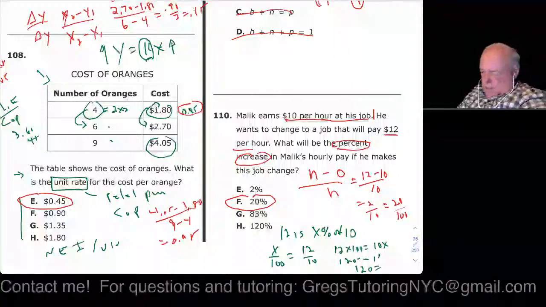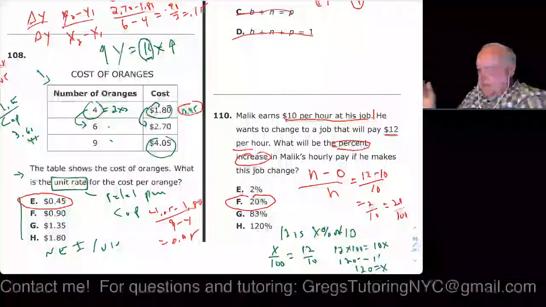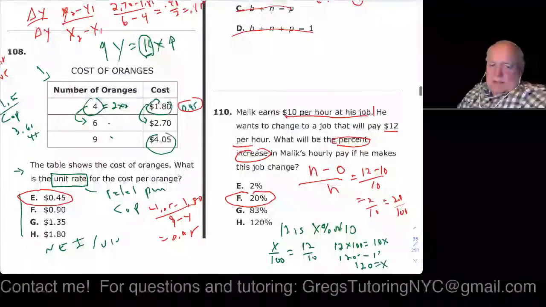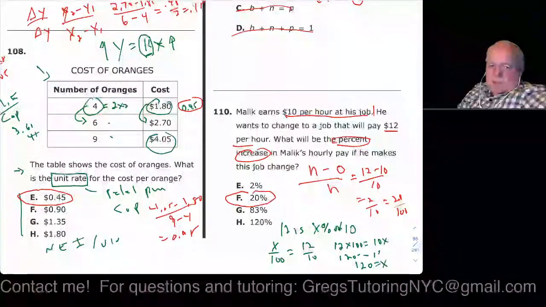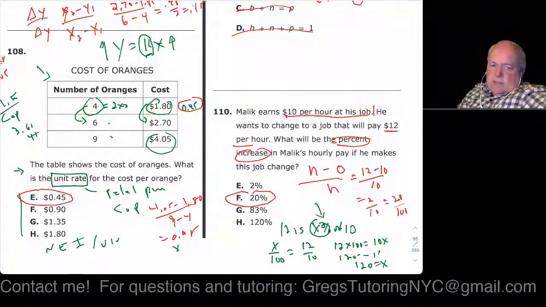All right, so at that point, it basically means 120%, right? X being in this case, because that's what we were solving for, X percent. So X percent is going to be equal to X over 100, because that's what percent means.